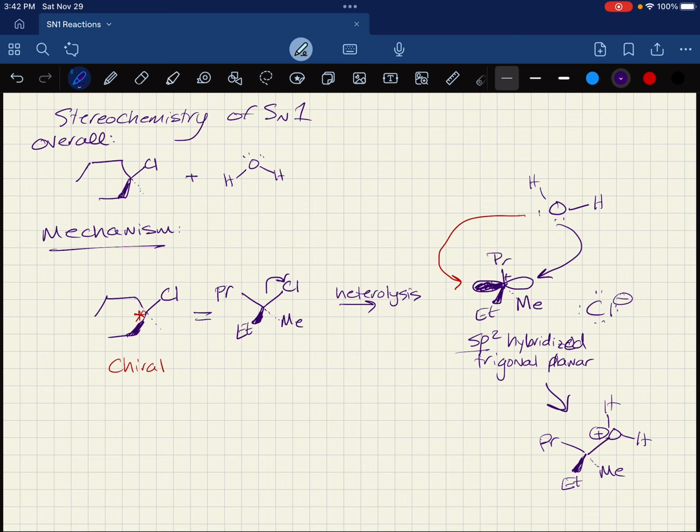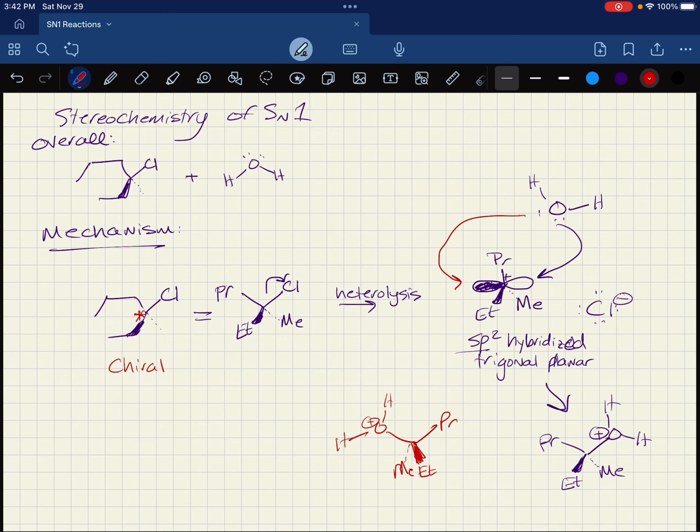And if it attacks from the left, we'll end up with the water on the left. The propyl will now be to the right, and the ethyl and the methyl will be pushed to the right a little bit, but they'll still be forward and back as they were.